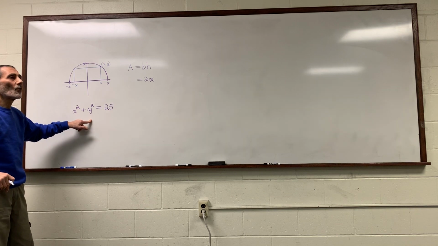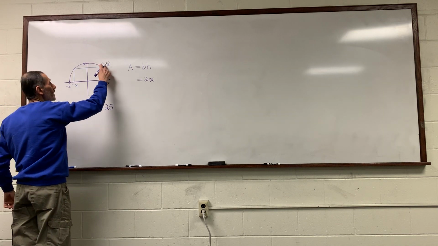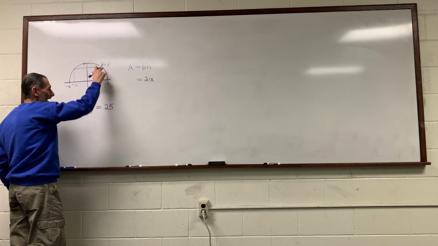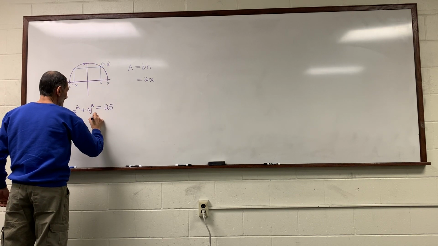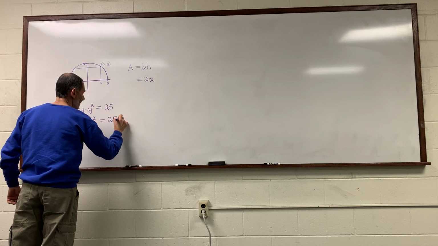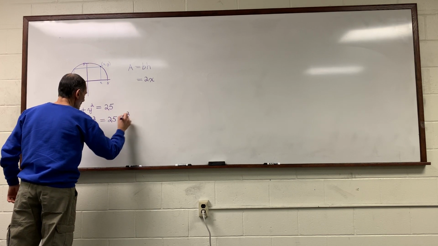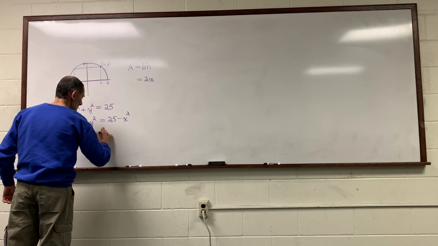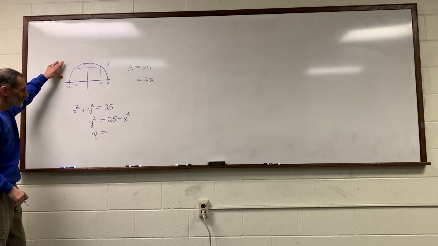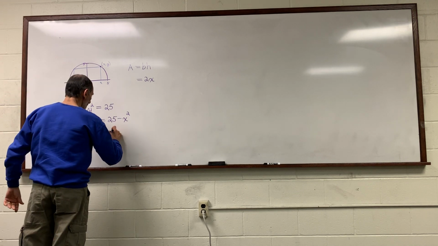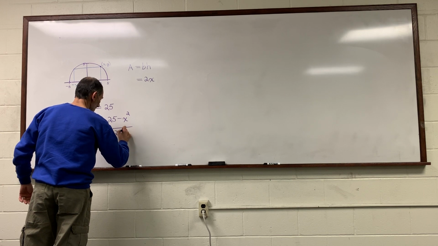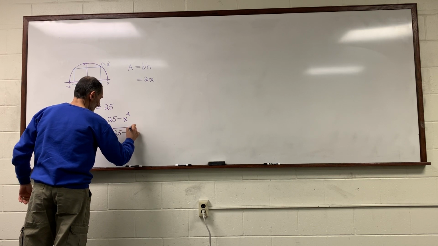If we solve for y, we will now have the height of the rectangle in terms of x. Y squared equals 25 minus x squared. Y equals, now, since we are looking only for the top half of this circle, our y is the positive square root of 25 minus x squared.